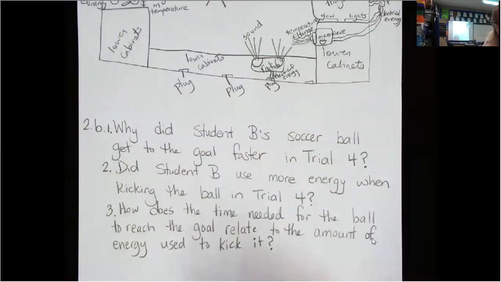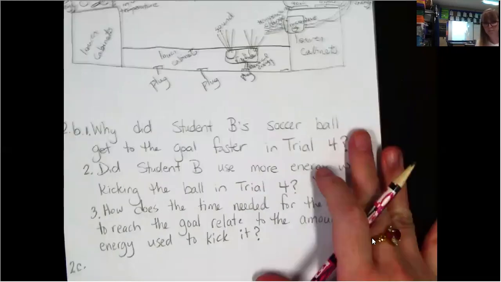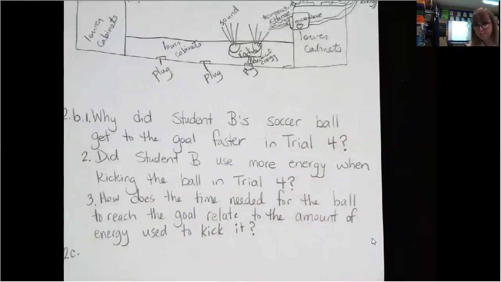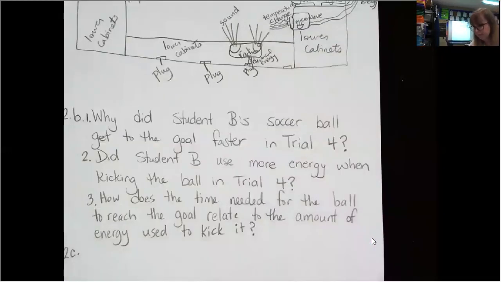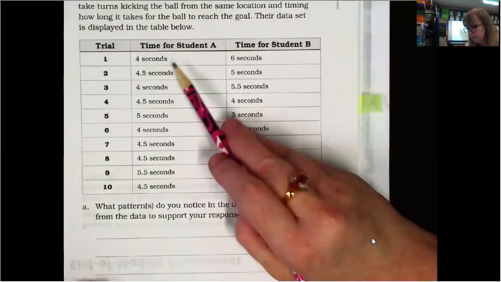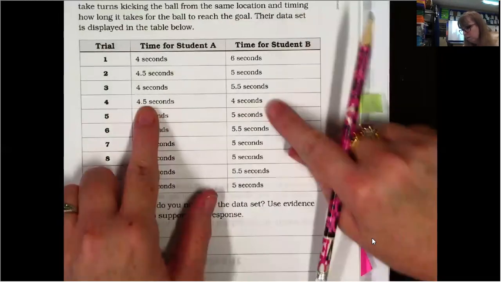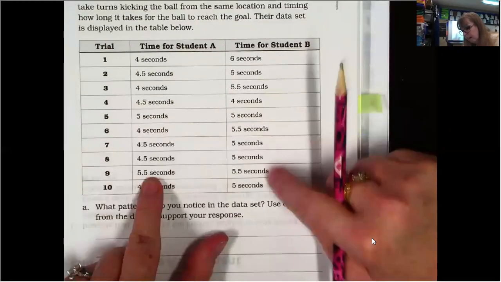Part C says, student A says she used more energy during the investigation than student B. Is there evidence in the data to support her claim? Let's look at this. Student A, other than trial 4, trial 5, and trial 9.